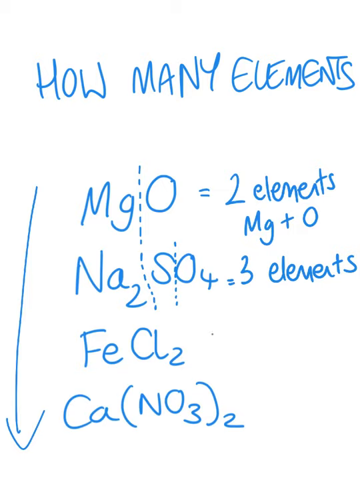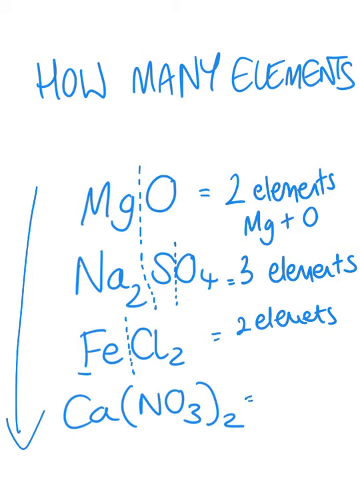Again, you can see on iron chloride we have got a little 2. We're just concerned about the elements. I've got a capital F, small e, which is 1 element. I've then got a capital C, small l, which is a second element. And my last one, we've got brackets coming into play.